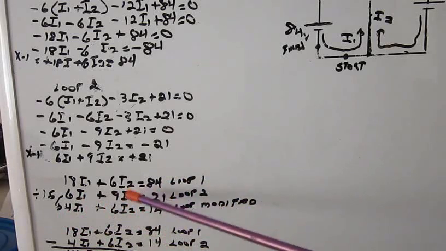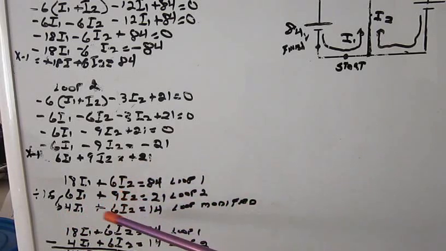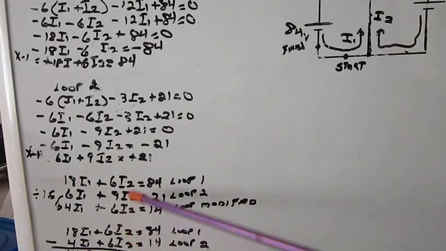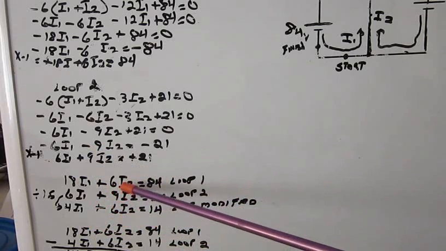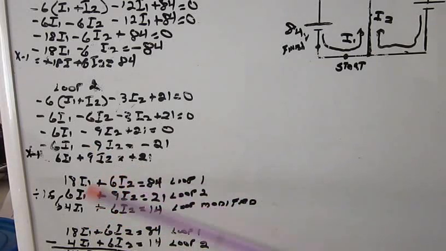But we find that if we want to combine those, we have two unknowns. So we might just go ahead and drop the I2 term out by dividing by positive 1.5. When we divide 6 by 1.5, that's 4. Divide 9 by 1.5, that's 6.